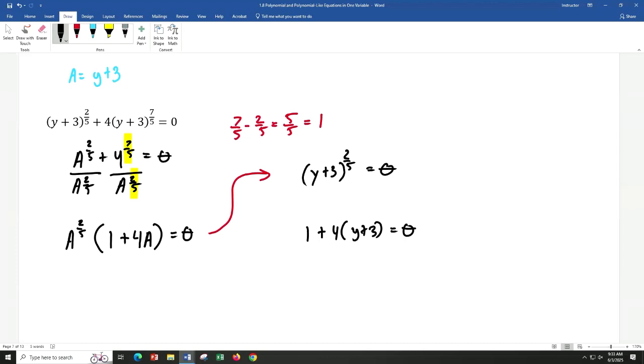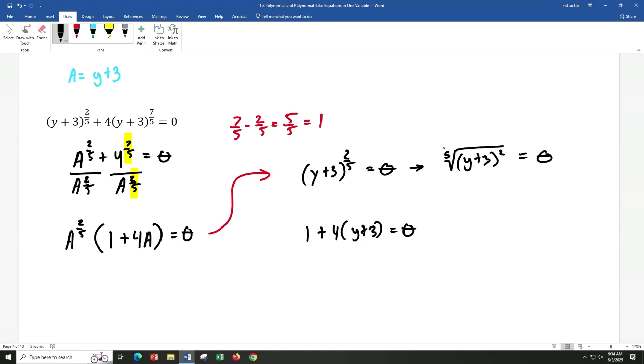So coming in here very quickly, let's look at this first one. Notice you have this 2/5. So basically, what's that going to turn into? Look at it very carefully. I'm going to rewrite it, because that looks ugly and kind of confusing on how to deal with it, right? The denominator is the what? Index. So this is going to turn into the fifth root of y plus 3 squared, all equal to 0.